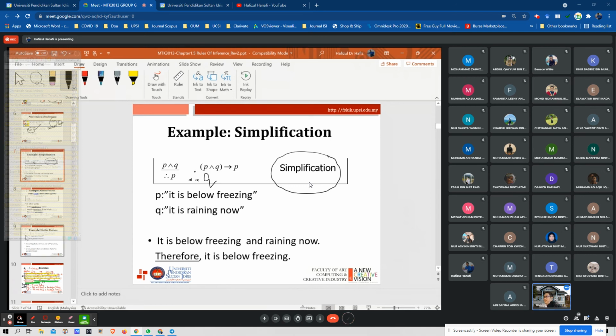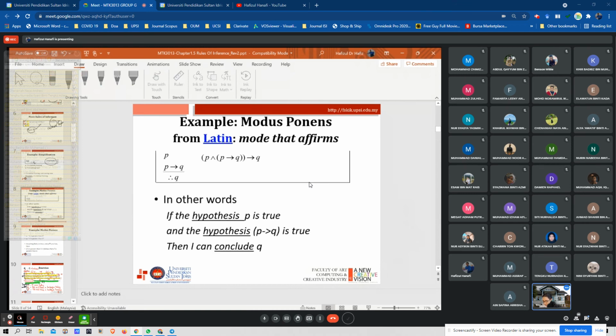This one is simplification, and then we have modus ponens, from the Latin modus that affirms. In other words, if the hypothesis P is true, and the hypothesis P implies Q is true, then I can conclude Q. Modus ponens.